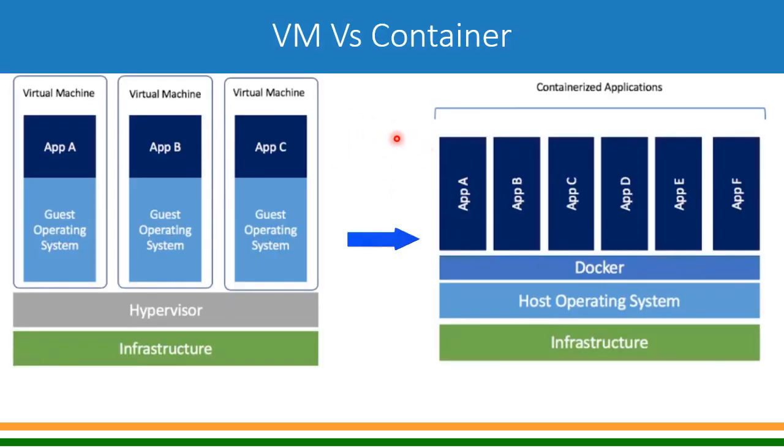Now let's talk about the virtual machine versus container. On the left side, as I said, you have physical hardware, the infrastructure, and these are virtualized using some hypervisor software. So now you have a virtualized environment, virtual compute, virtual storage, and the network. On top of that, you can create one virtual machine, a second virtual machine, a third virtual machine, and so on.